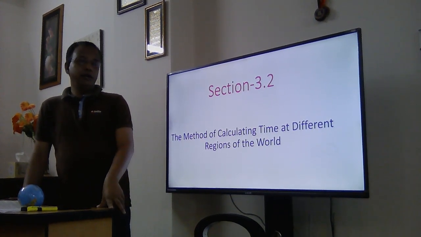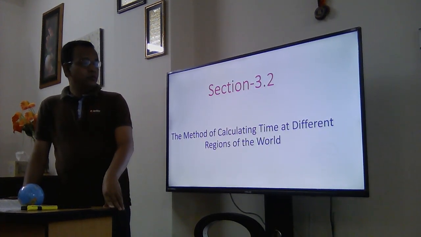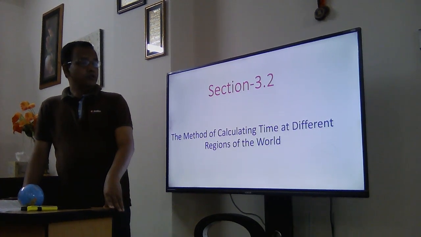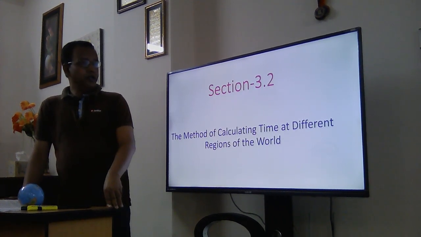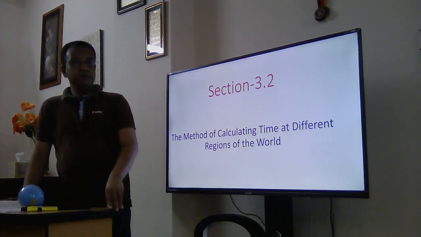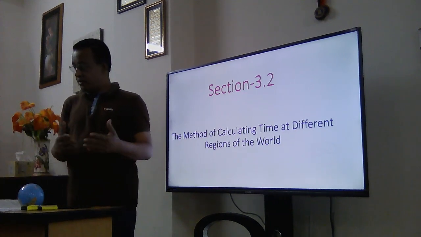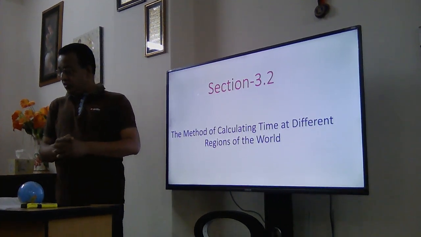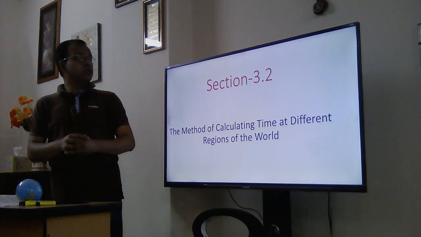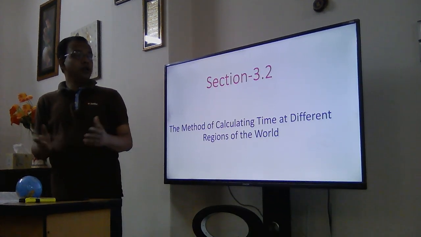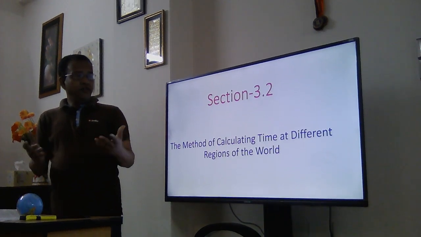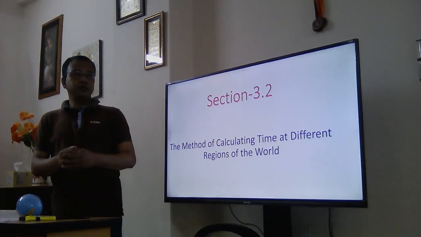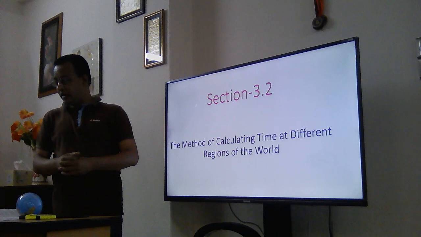But at the same time, the time in Saudi Arabia will be almost 3:30 p.m. So why is this difference of time taking place all over the world? In this section, you will learn this, and you can also find out by yourself the differences of time from one place to another place.